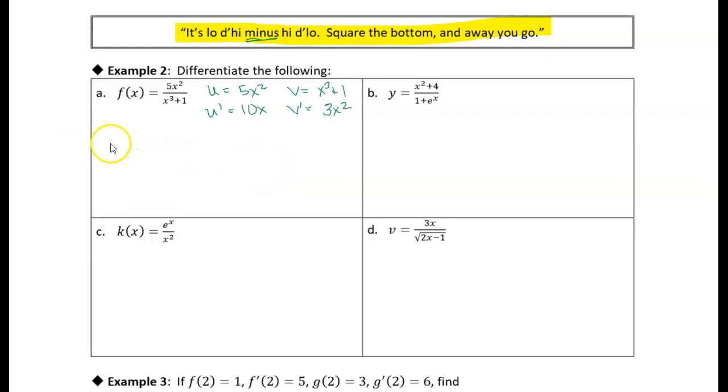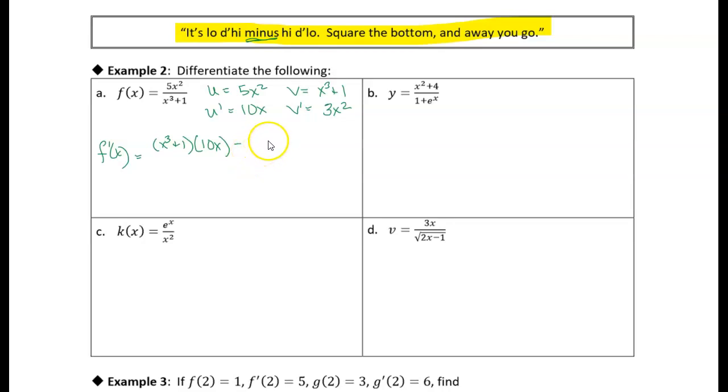Now we're just going to go through the process. So it's low. I'm going to write low, that's the denominator, d high, which is the 10x. Don't forget your parentheses here too. The parentheses are important. I'm seeing a lot of people leave off parentheses, but the parentheses matter, especially when you have the sum of things.